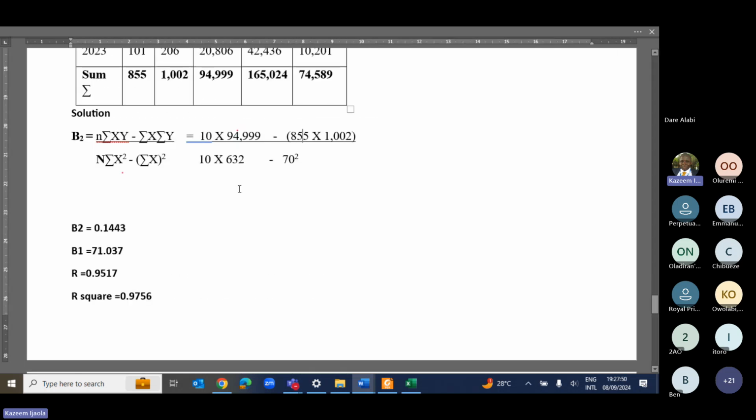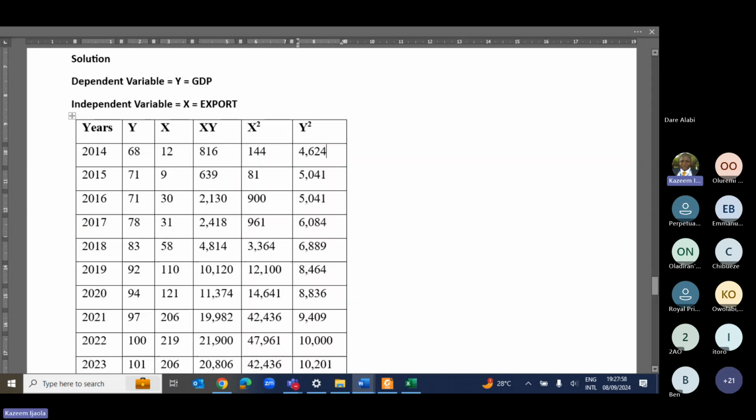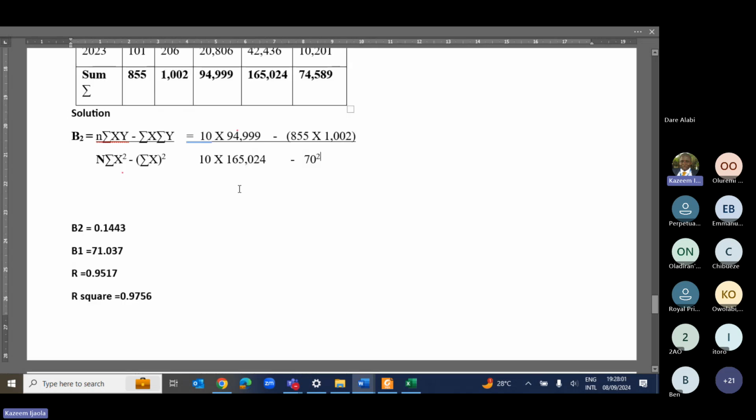N summation 165024 minus summation X, that's 1002 square. So all things being equal, your answer should be this. Can you confirm if it is correct? This should be our answer all things being equal. Can somebody check fast? It's correct.